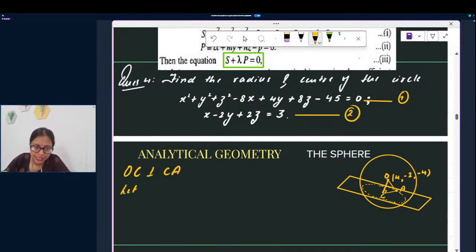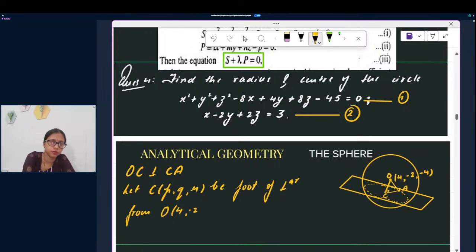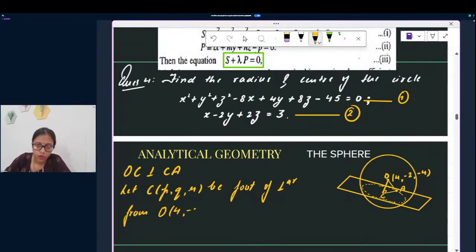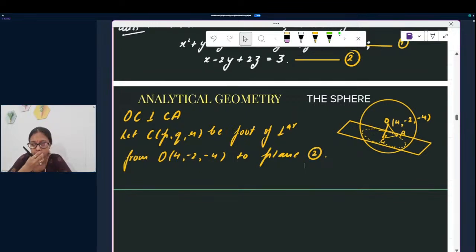Let C be P comma Q comma R, the foot of the perpendicular from O, which is 4 comma minus 2 comma minus 4, to plane 2.